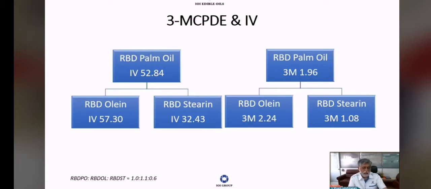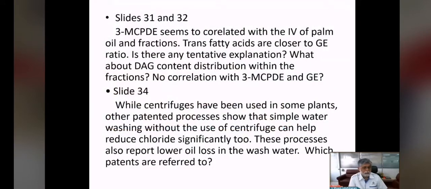The local university, UPM, is also doing correlation using indirect determination, and the accuracy compared to GC is still questionable. So I think each of us needs to do their own homework in order to determine if there is any fast way to determine the 3-MCPD and GE.